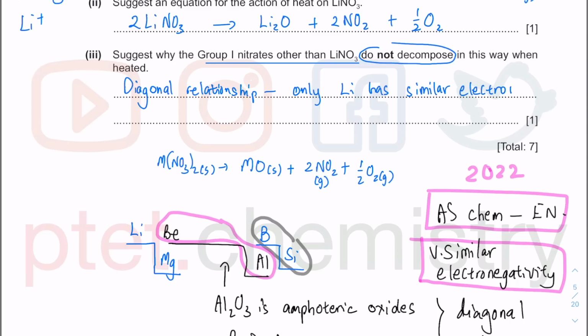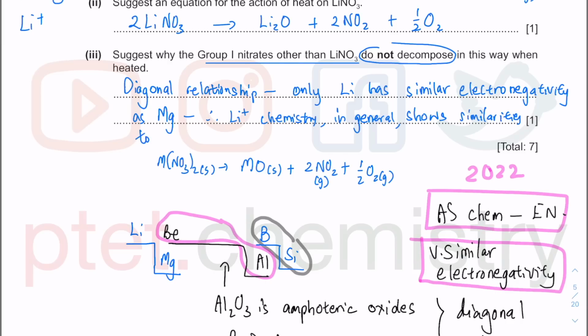Only lithium has a similar electronegativity as magnesium. Therefore, lithium nitrate follows, not just lithium nitrate actually, lithium chemistry, Li+ chemistry in general shows similarity or resembles that of magnesium, the group 2 metal, that of Mg2+ there.